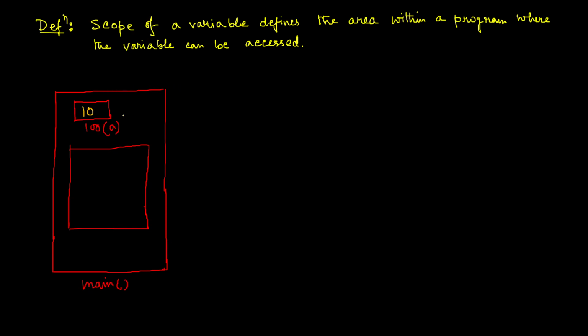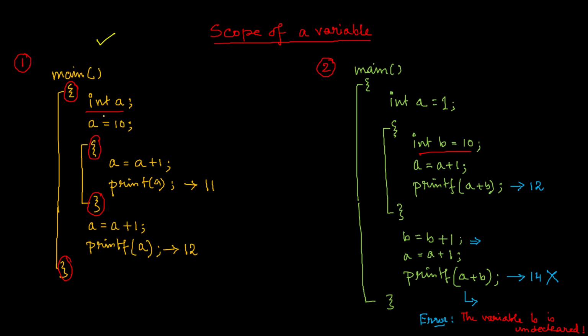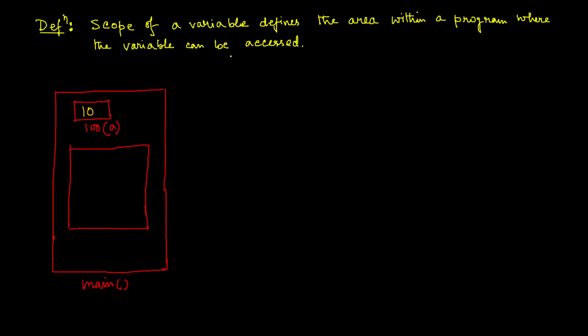If I ask you what is the scope of this variable A, you should say the scope of A is the area within a program where the variable A can be accessed. It can be accessed within this whole scope. Since A can be accessed within this whole scope, by default A will be accessed within the inner scope.